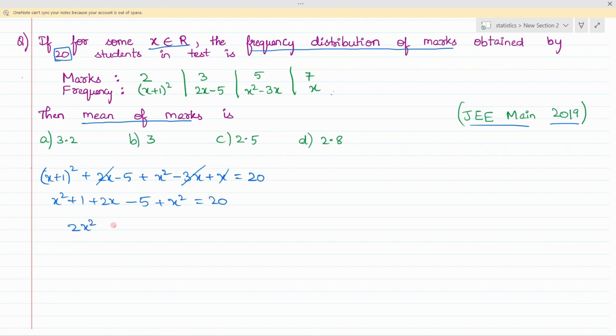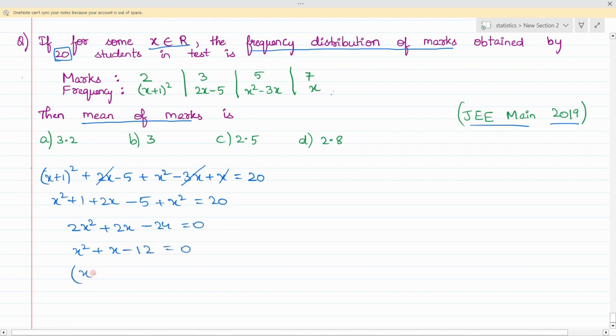So 2x square plus 2x minus 4 and minus 20 is equal to 0, that is 2x square plus 2x minus 24 is equal to 0. So x square plus x minus 12 is equal to 0. It has two factors, that is x plus 4 and x minus 3. Here x can't be negative, so the answer is x is equal to 3.